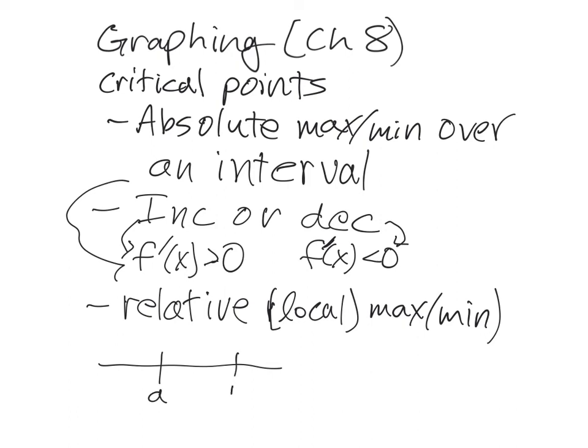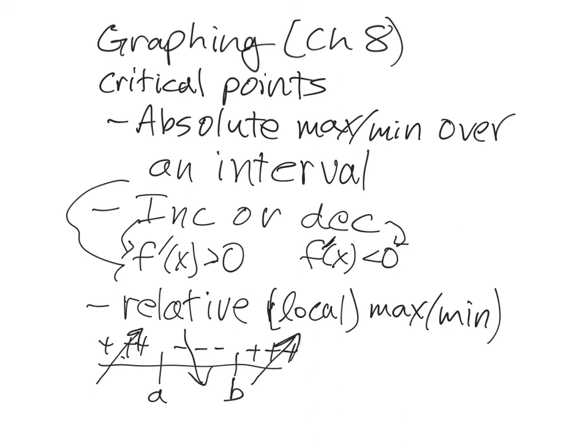Say A and B are our critical points. The derivative was positive up to A, then negative past A, then positive past B. Well, up to A, we'd have an increasing function. Between A and B, we'd have a decreasing function.